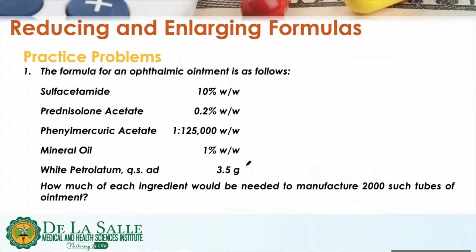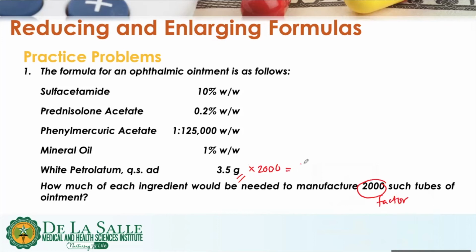Now, another way to determine the amount of each ingredient that would be needed to prepare 2,000 of such tubes of ophthalmic ointment is to multiply the total amount of the ophthalmic ointment by 2000, which is, once again, our factor.